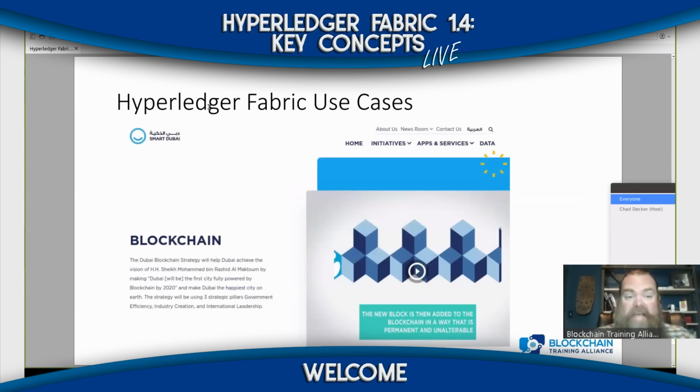If you want to see what's happening with blockchain in the public sector, you can look at the Smart Dubai initiative, an initiative to move all government record keeping and operations for the city of Dubai onto blockchain by the year 2021. Very large, very ambitious project, and they're making some incredible progress towards that goal.